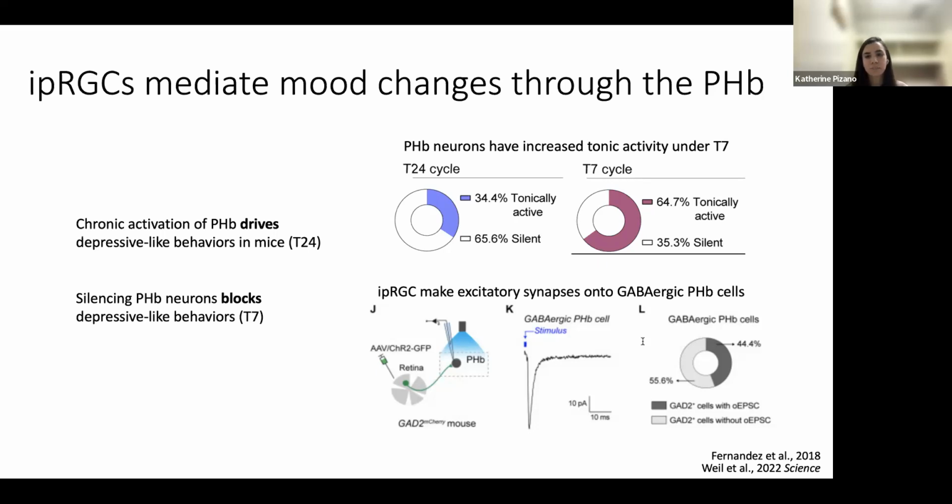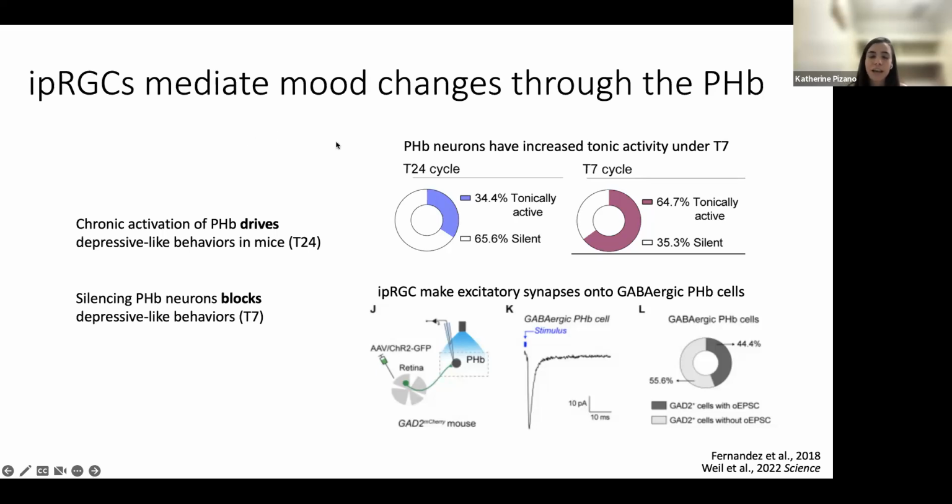While if you silence these PHb neurons under an irregular light cycle, you can block depressive-like behaviors. And briefly, this irregular light cycle, or T7, is used to model aberrant light, and it has alternating lights on and off of 3.5 hours. And it's been previously shown to cause depression-like symptoms in mice.